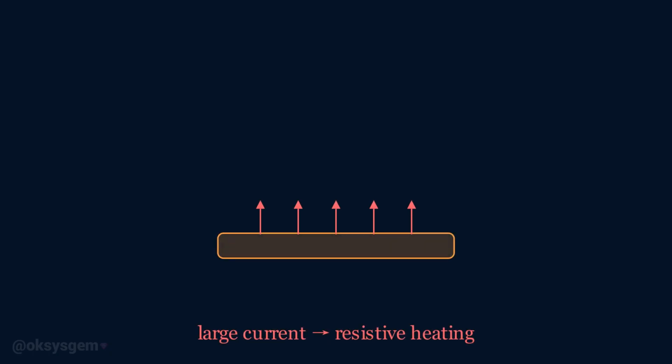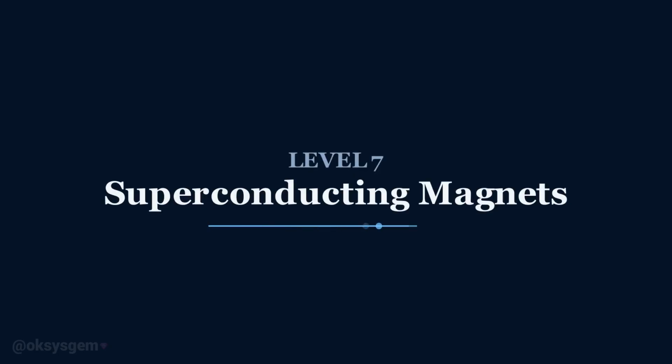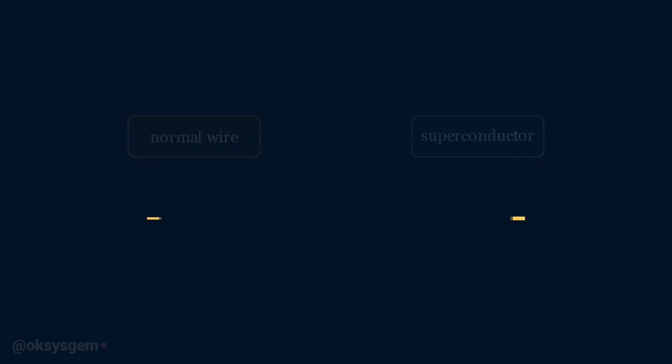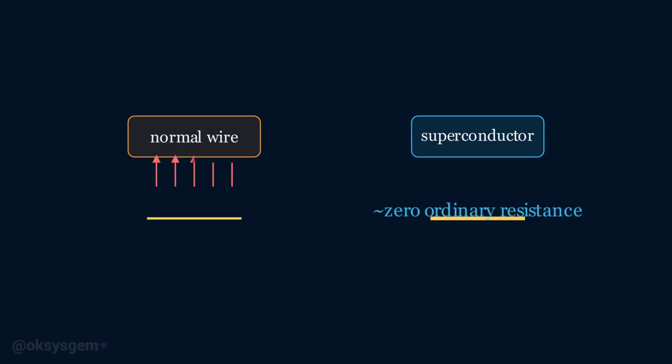To move past that limitation, we need a material that can carry current with almost no electrical resistance. Level 7. Superconducting magnets. A superconducting magnet is an electromagnet whose coils are made from superconducting material. Below a particular critical temperature, a superconductor can carry electrical current with essentially zero ordinary electrical resistance.